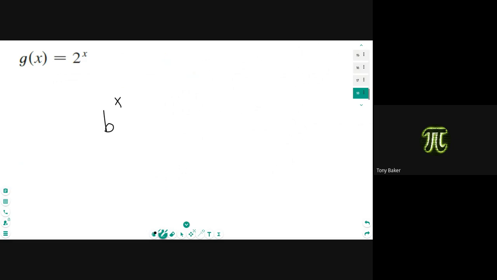Okay, so b can be any constant. It's still a constant. It's not a variable. The x is the only variable. But b can be any number. So can I do this? Would that be the same thing? But the question is why?